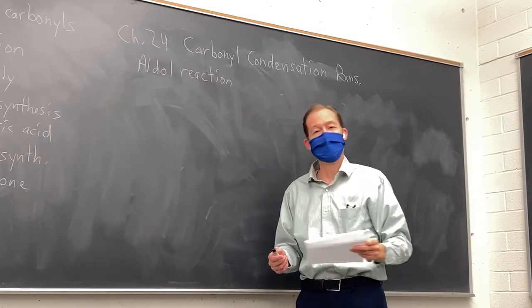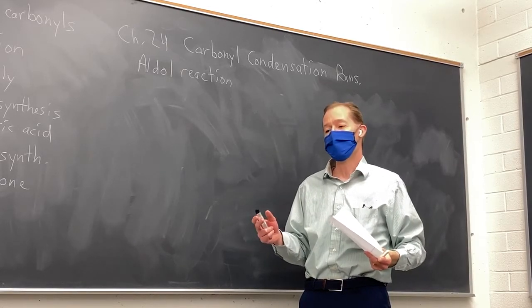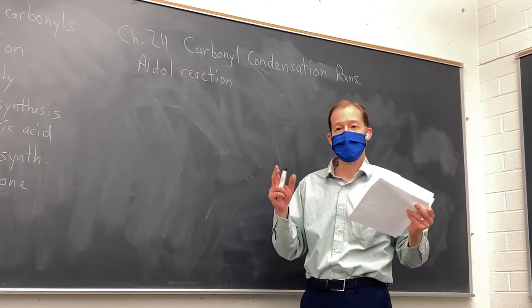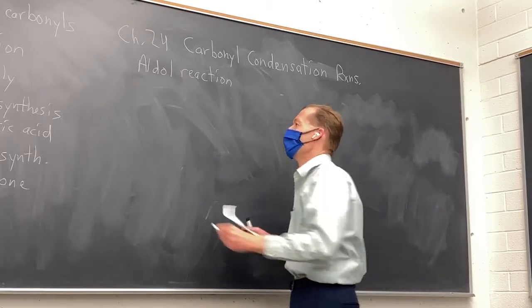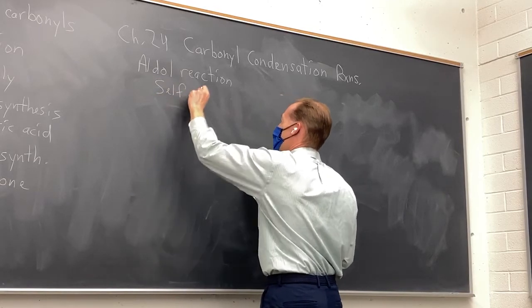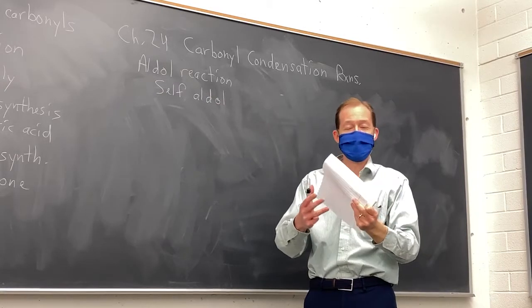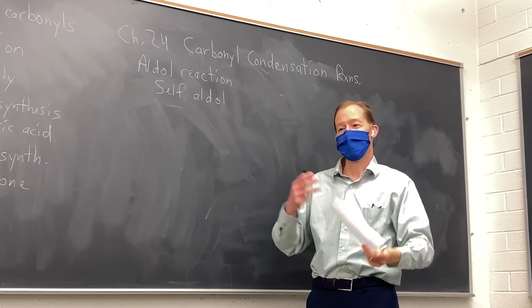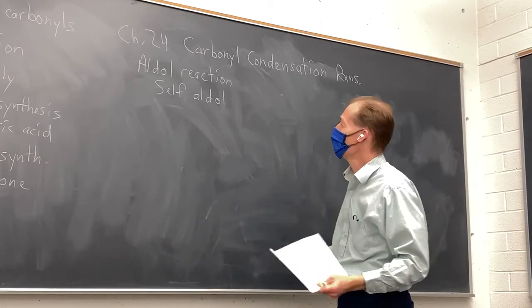Where we're reacting an enolate from an aldehyde or a ketone with the parent aldehyde or ketone. The simplest version of the aldol reaction is the self-aldol, where it is two of the same molecule reacting together, an enolate reacting with the aldehyde or ketone it was derived from.